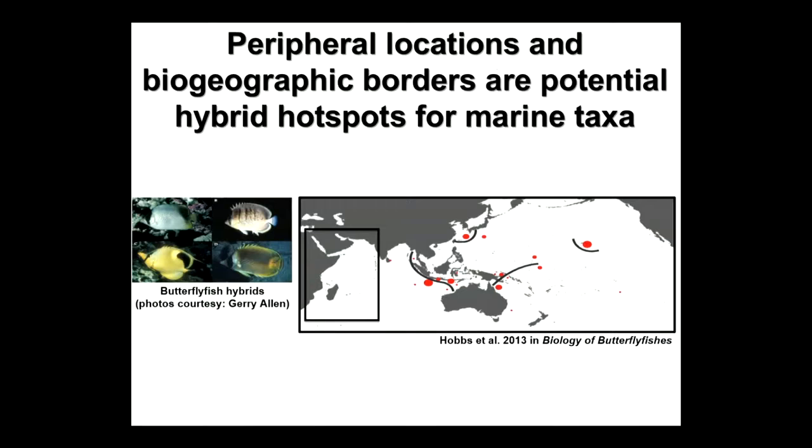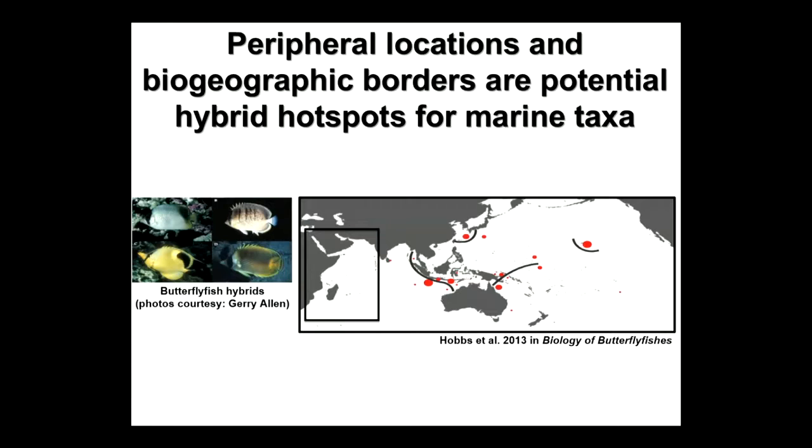Lastly, for the Red Sea project, I thought I'd talk about how our exploration of some of these peripheral locations really points out the fact that these are probably some of the most interesting areas to study the origins of biodiversity and the maintenance of biodiversity. This is building on a lot of work by J.P. Hobbs and a few other people before him, looking at hybrid hotspots in the Indo-Pacific for reef fishes. This figure is essentially showing, by the size of these red circles, the number of butterflyfish hybrids in a particular location.